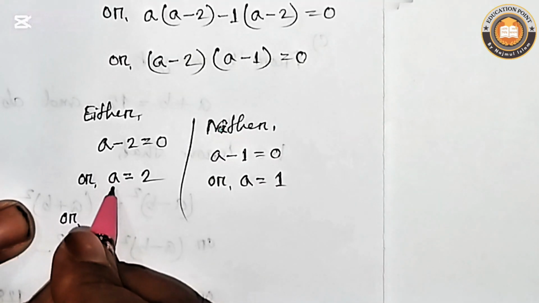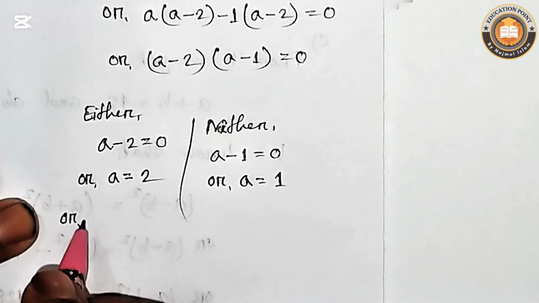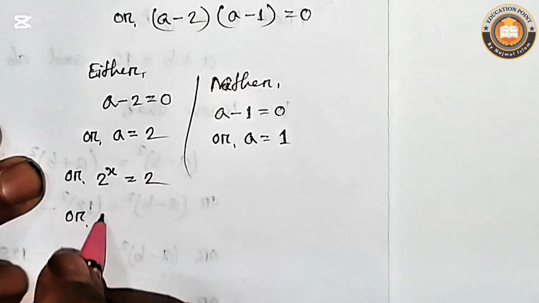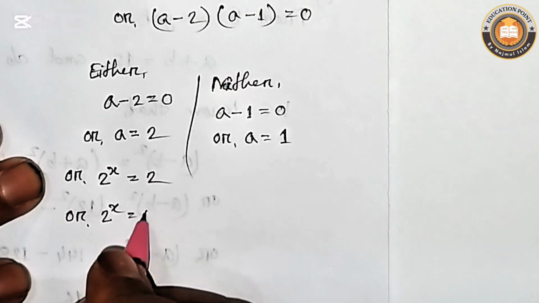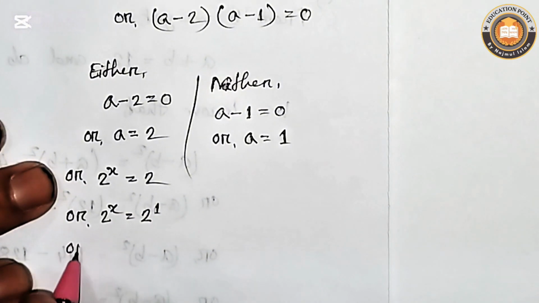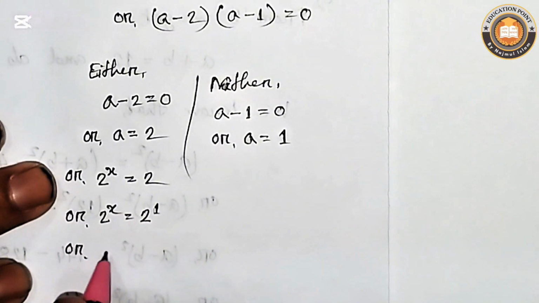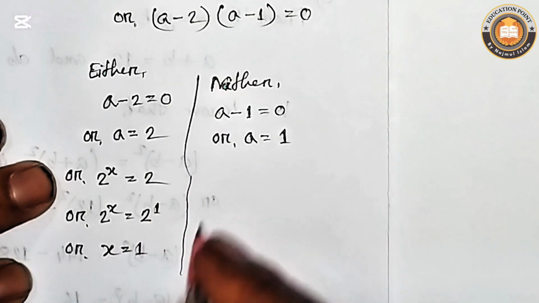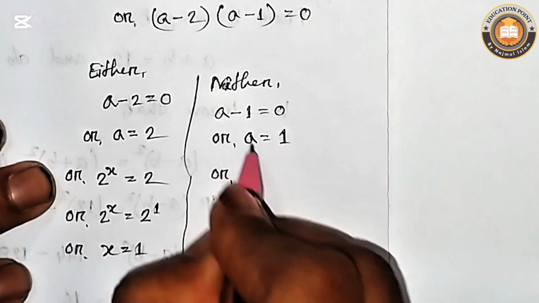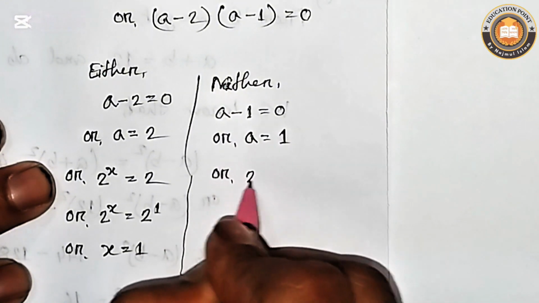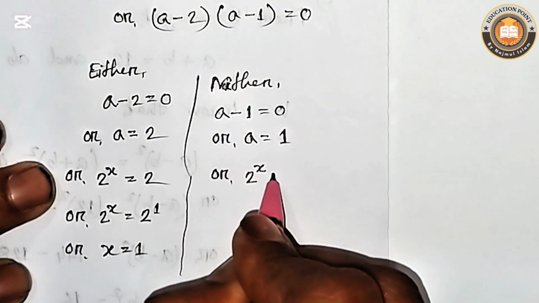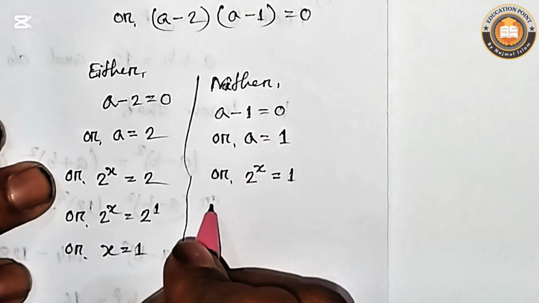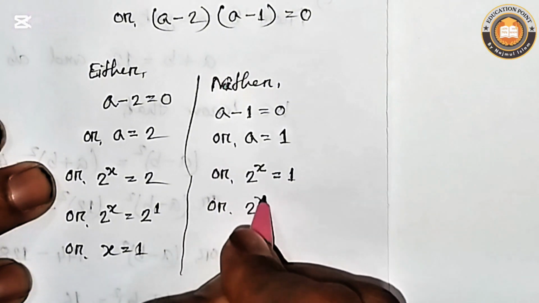Or now the value of a is put here. Value of a is 2 power x equal 2, or 2 power x equal 2 rewritten as 2 power 1, or similar base reduce, so we can write x equal 1, or value of a is 2 power x equal 1, or 2 power x.